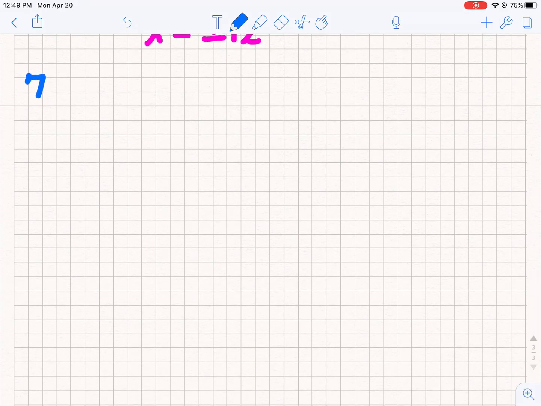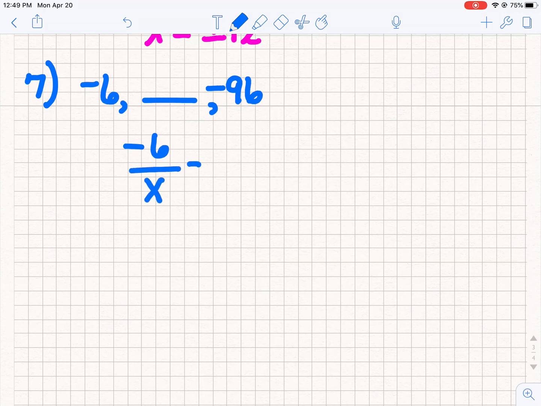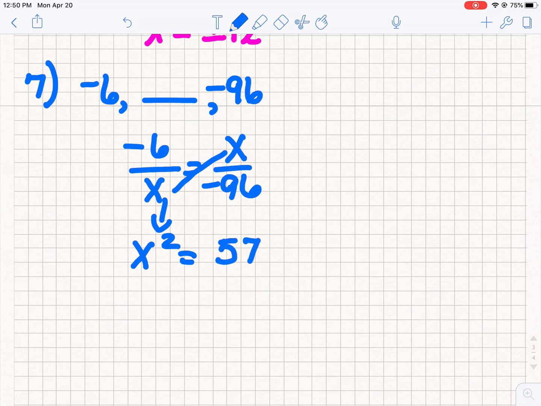Number 7 was negative 6 and negative 96. Again, negative 6 over x equals x over negative 96. This was from Unit 3, Lesson 1, Section 1. So we cross multiply and you get x squared equals negative 6 times negative 96, which gives you 576.